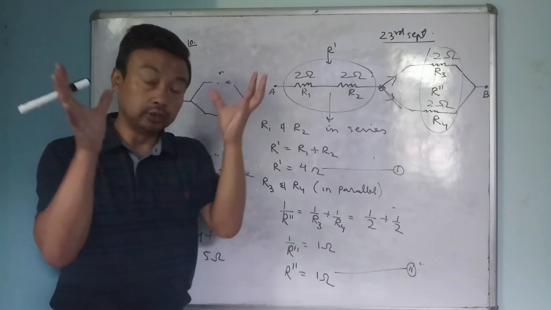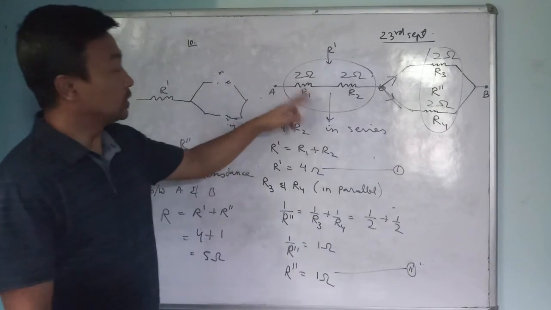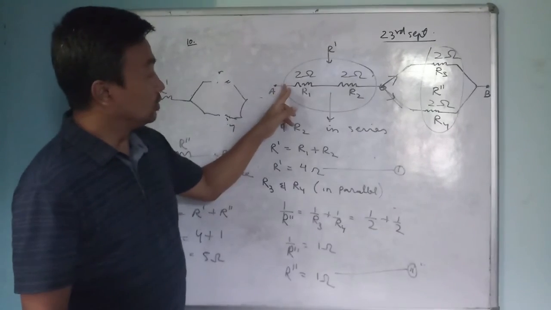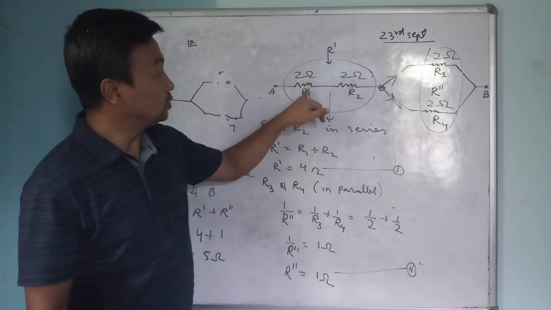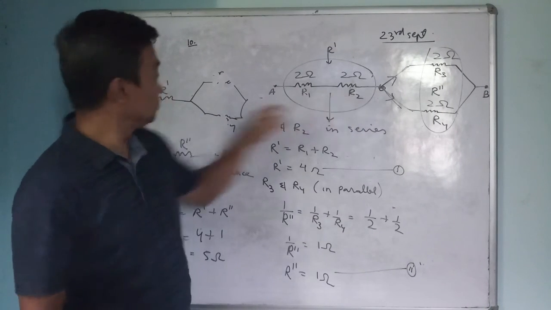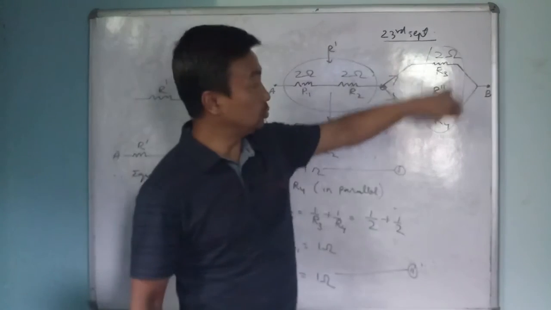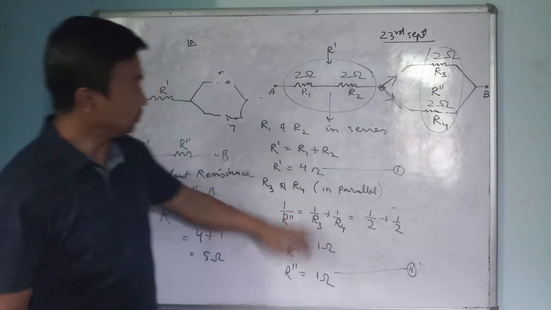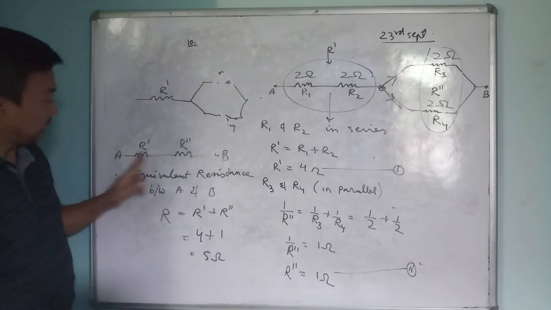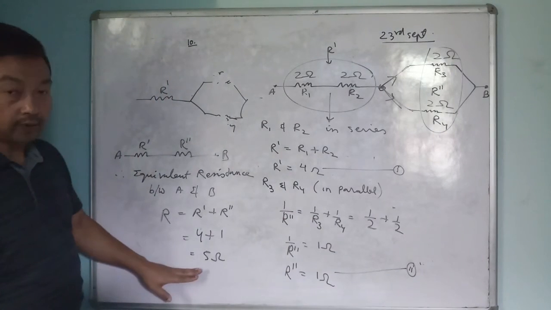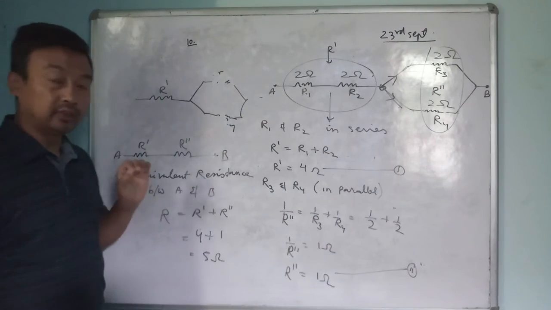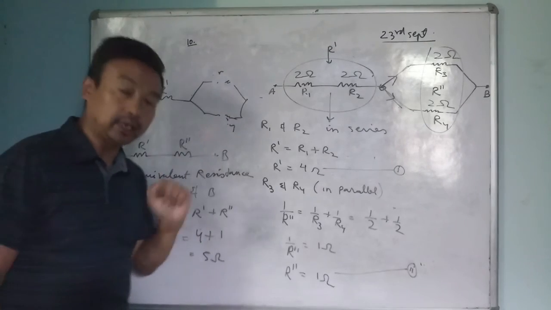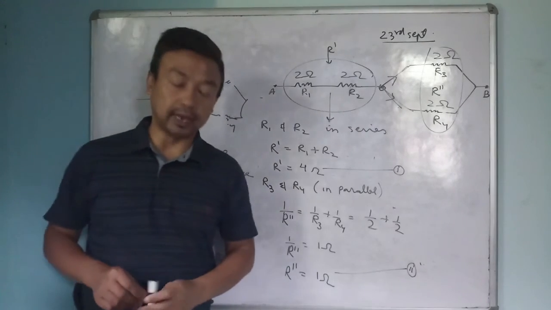Your main point is to reduce them. So you start by taking the ones which are in series, like this here, and these 2 are in parallel. Then again the final 2 are in series. So we have to know the formula of equivalent resistance in series and in parallel.